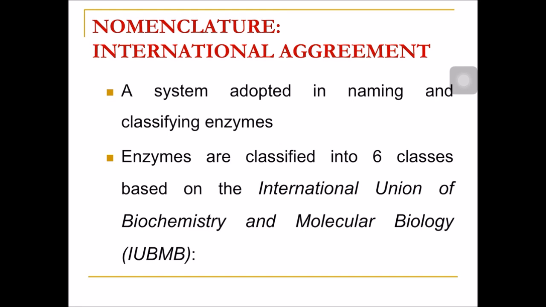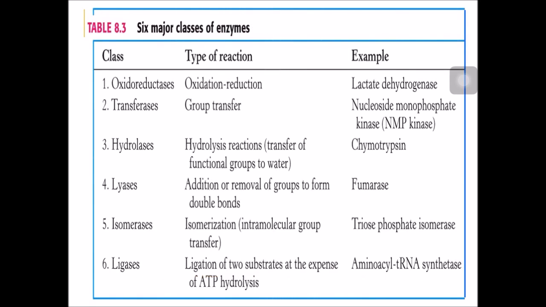So to be able to make nomenclature systematic, uniform, and also universal, the International Union of Biochemistry and Molecular Biology developed a system in classifying enzymes, and that is by giving codes from 1 to 6. And these are the 6 major classes of enzymes, starting from oxidoreductase, transferase, hydrolase, lyase, isomerase, and finally ligase.